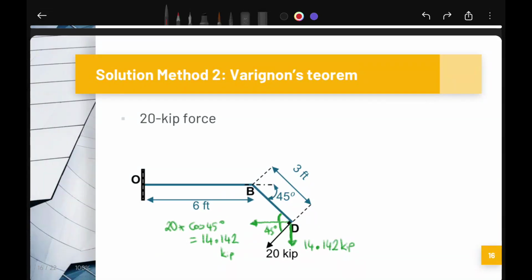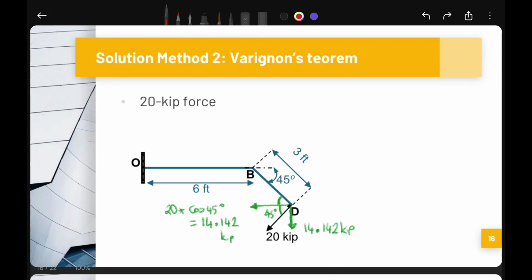Let's compute the moment arm components. This is our y component. You remember we previously calculated this value. This is equal to 1.061. From geometry, this is 2 times this value. That's why this is equal to 2.122 feet.